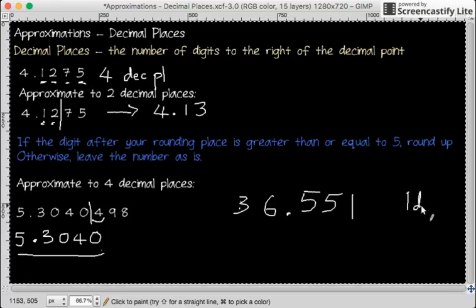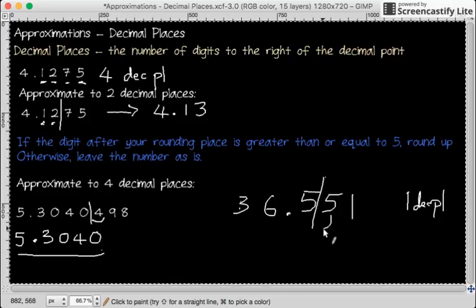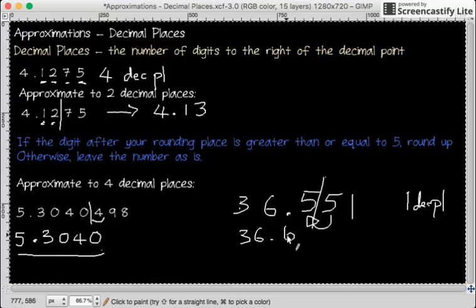So again, we count 1 spot after the decimal point and check to see whether the next digit is 5 or greater. Well, in this case, it is 5, and so this 5 has to go up, and it becomes 36.6.